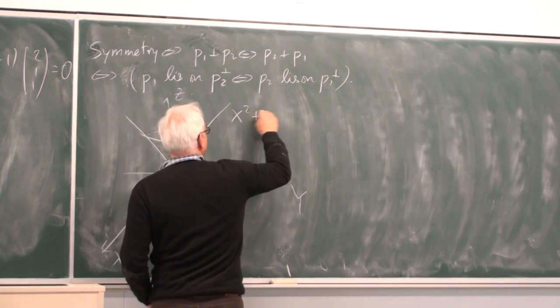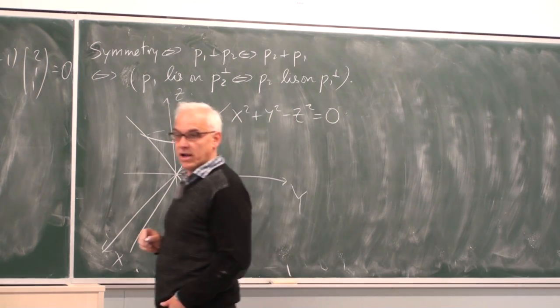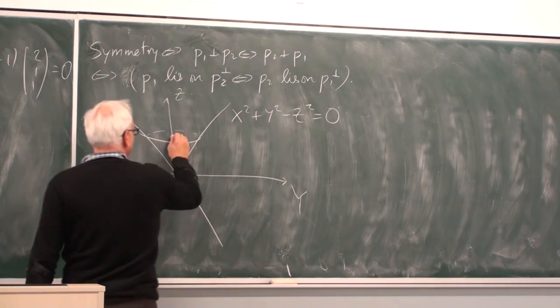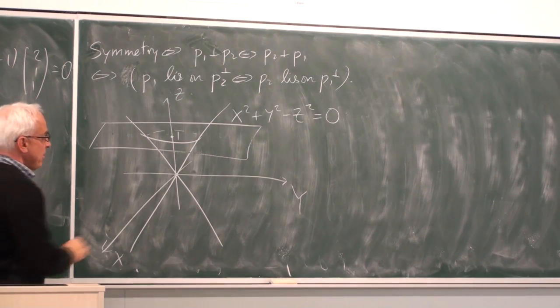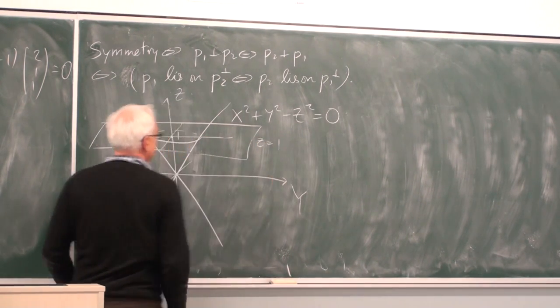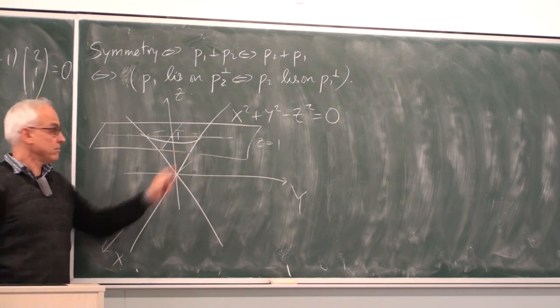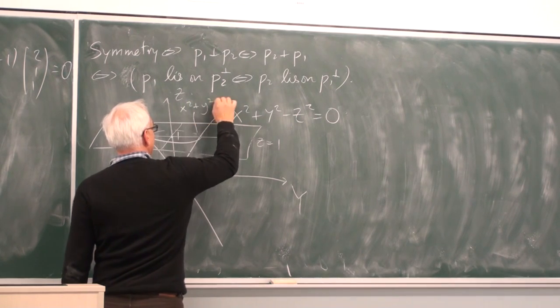X squared plus y squared minus z squared equals 0. That's a cone in three-dimensional space. And it meets the plane z equals 1 in the unit circle. So that's just the unit circle, little x squared plus little y squared equals 1.